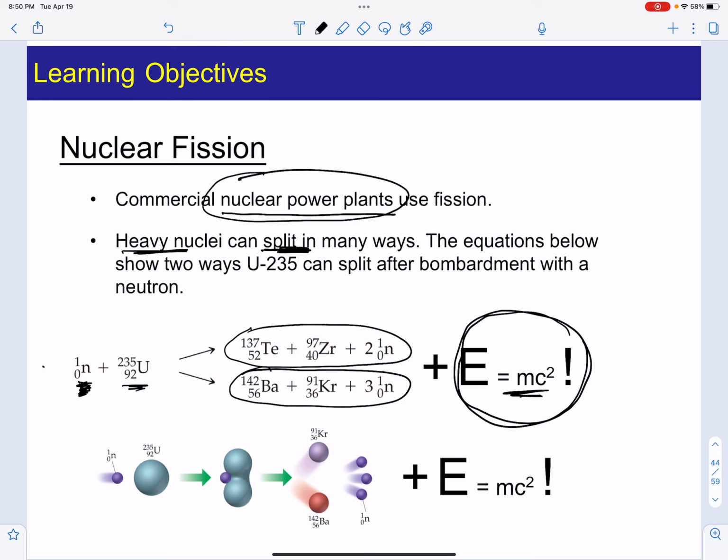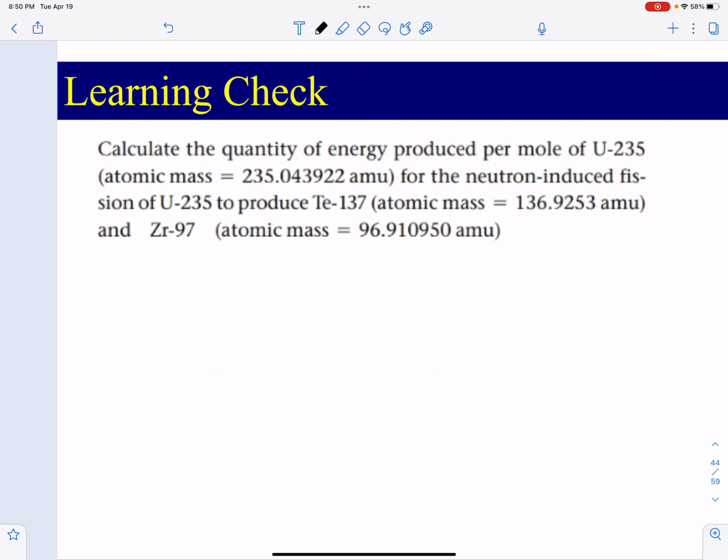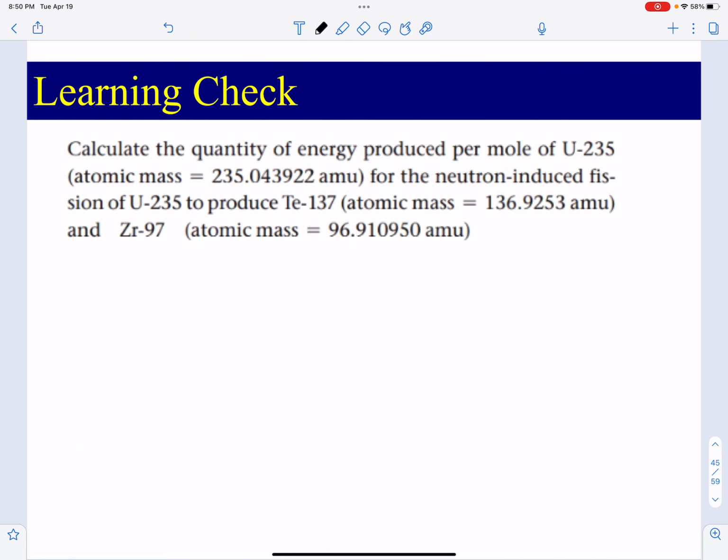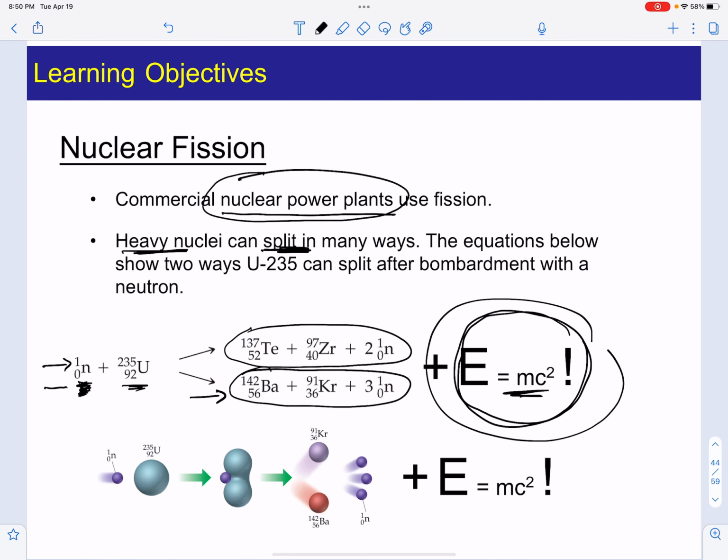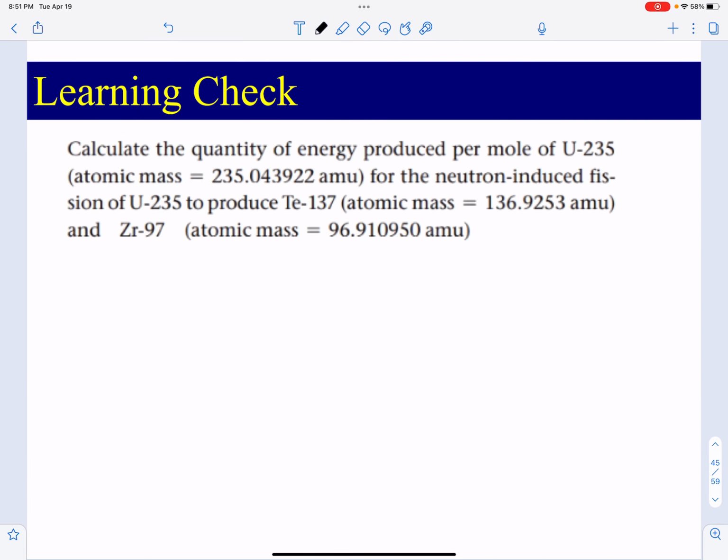Let's do the first one, and you're going to be doing the second one as part of your daily work. Calculate the quantity of energy produced per mole. So we're going to be using per mole.